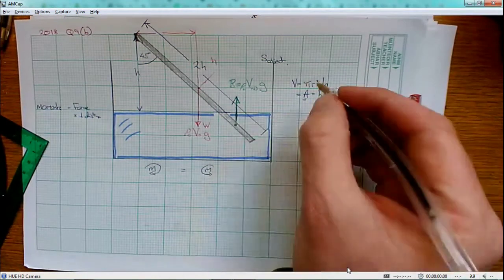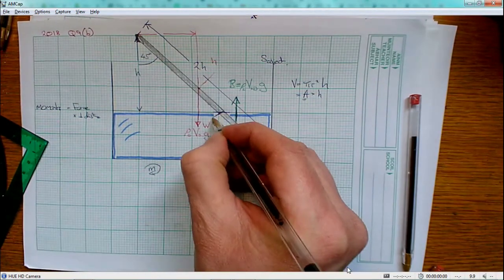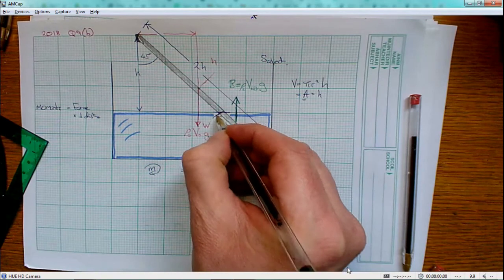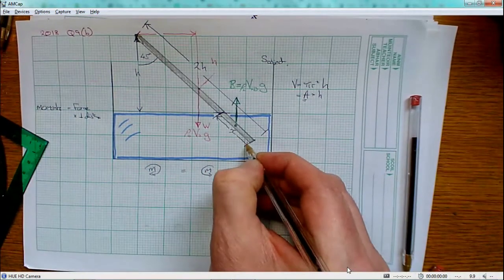We need to find out the volume of this, and this h here is this distance here. We often call it x in these problems, but that's what we're looking for here.